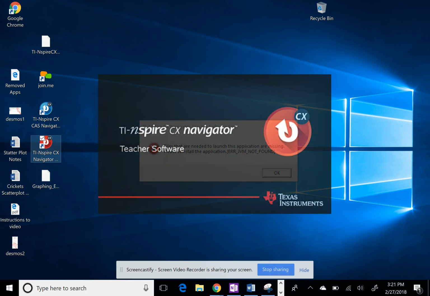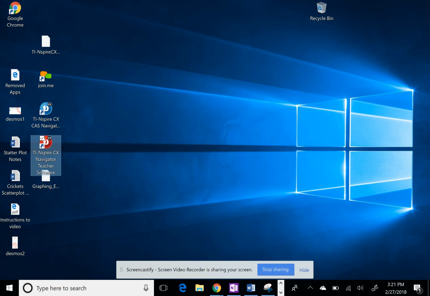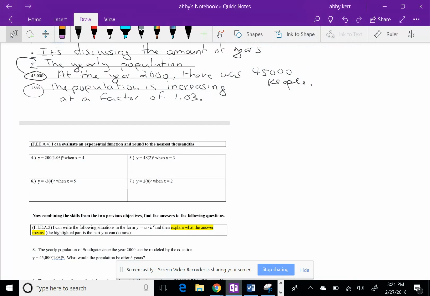So what you want to do is put it into the calculator or put it into your mind. Using decimals and exponentials, it's really difficult to do, but you can do it.